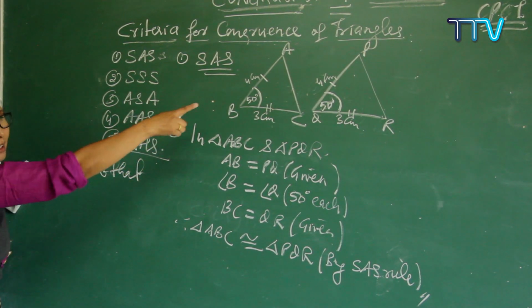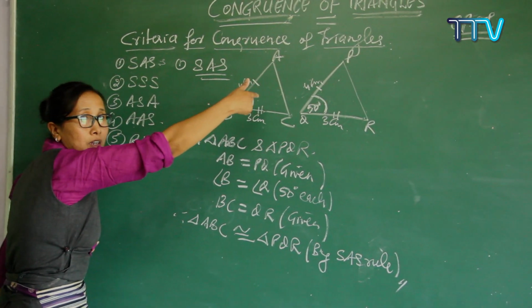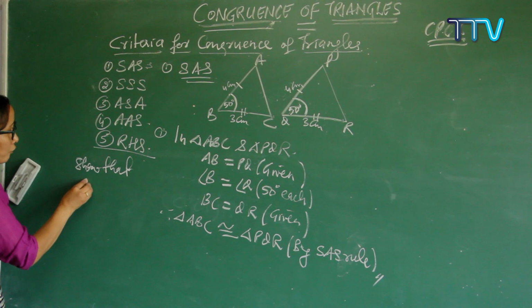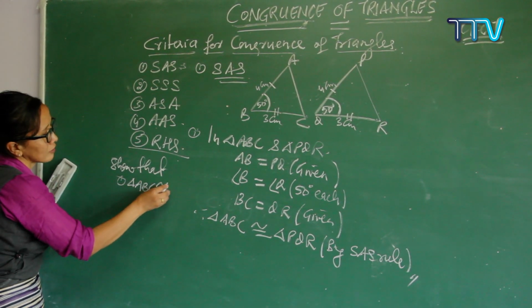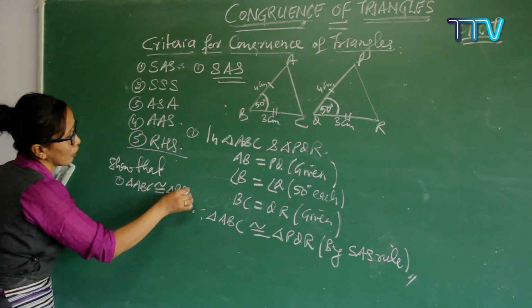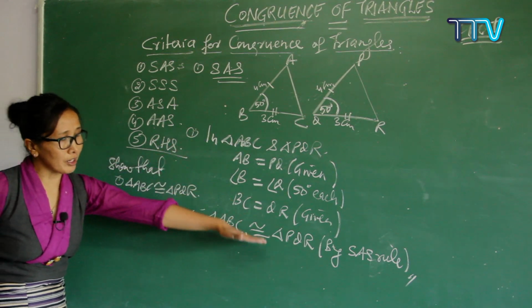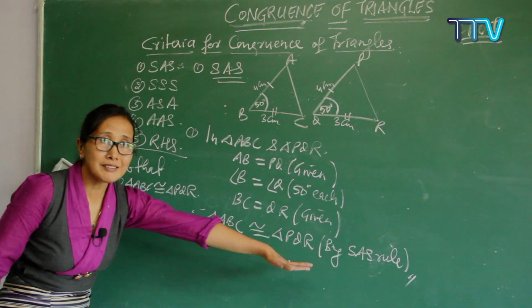In the given figure, show that triangle ABC is congruent to triangle PQR or not. That you have already checked, and you know that yes, the two triangles are congruent by the SAS rule.